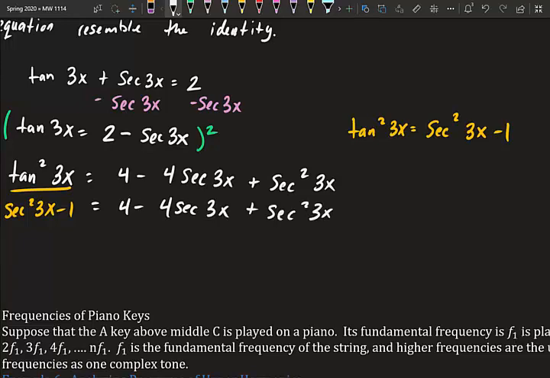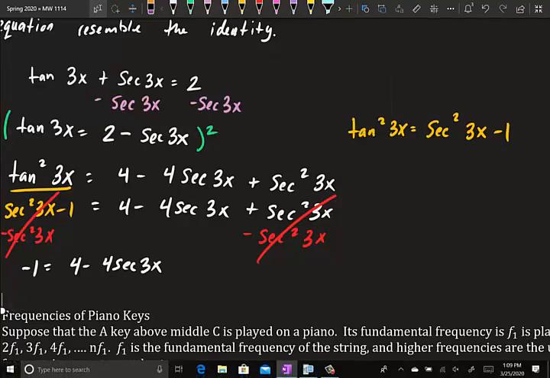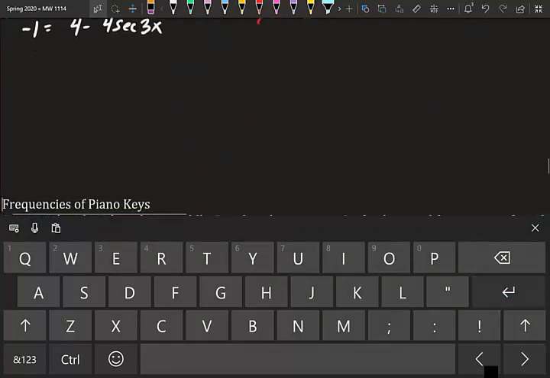Now let's start solving for x. I'm going to subtract secant squared over. And you notice that they cancel out. So now we're left with negative 1 equals 4 minus 4 secant 3x. I need a lot more space. Sorry about that. I thought I gave myself a lot more space.